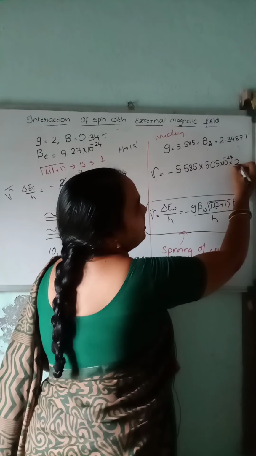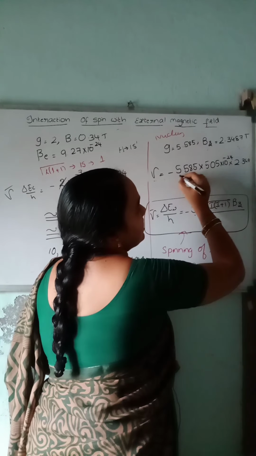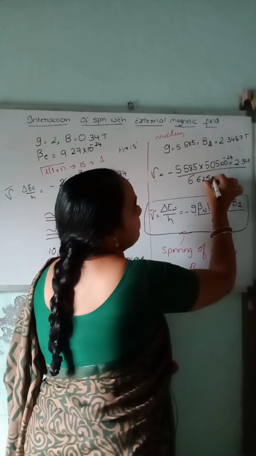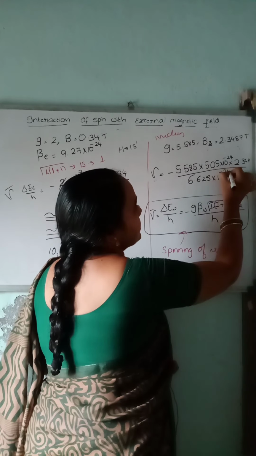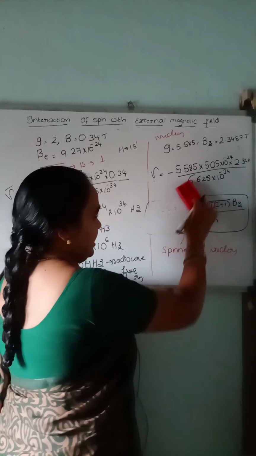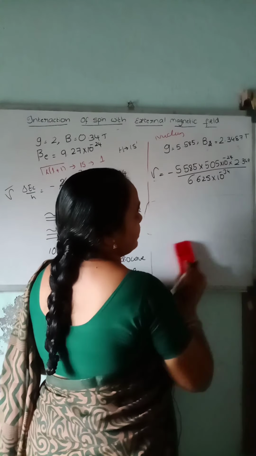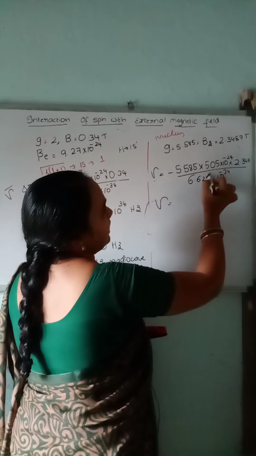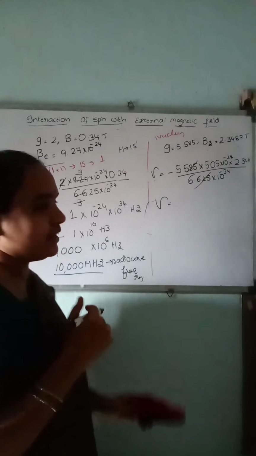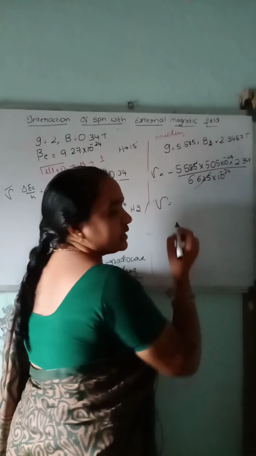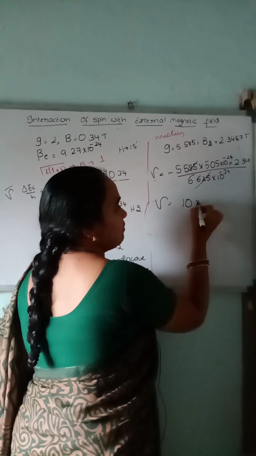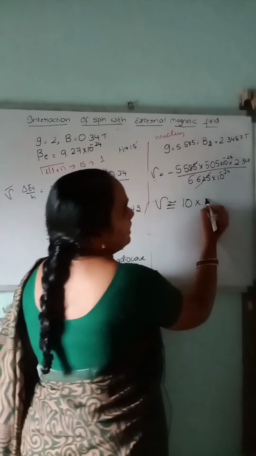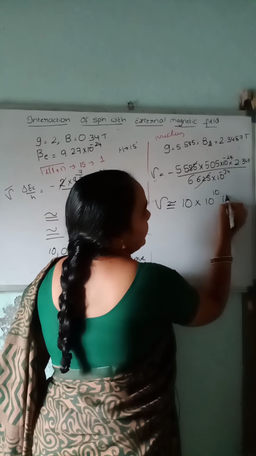So Bz is 2.3487 Tesla divided by the h value, 6.625 × 10^-34. Then the frequency of emitted radiation will be mu equal to, let us cancel these two nearly equivalent terms, 5 into 2 is 10. I am only doing a rough calculation. 10 multiplied by 10^10 hertz.